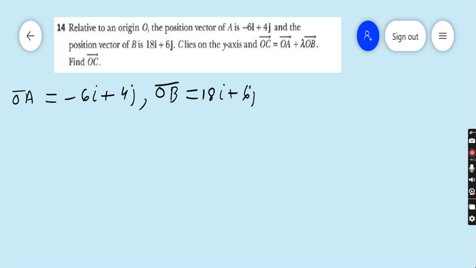C lies on the y-axis and OC is equals to OA plus lambda OB. Find position vector OC. Very easy.